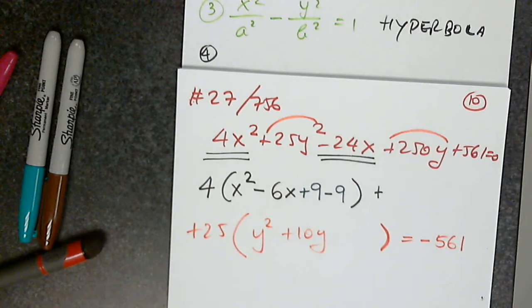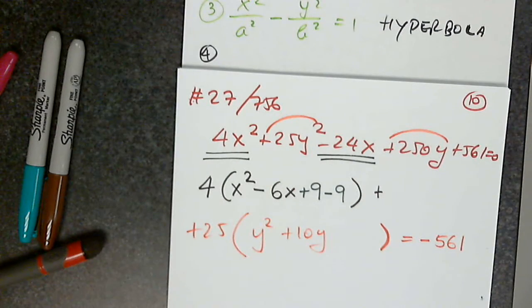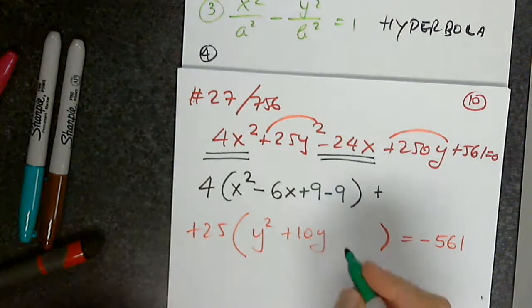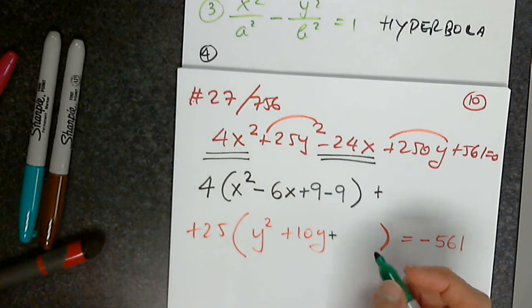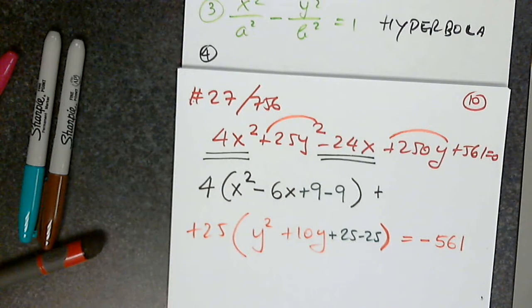I'm adding 9 and subtracting 9 locally, right there, which is 0. I didn't do anything. For y squared plus 10y, I get 10 divided by 2, I square. Good. Locally, what do I write? Exactly.